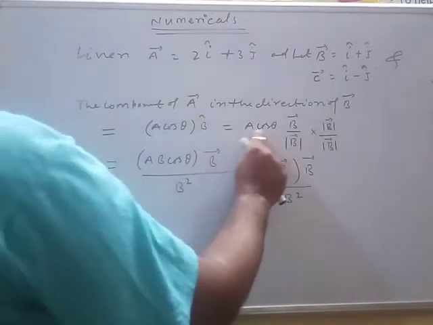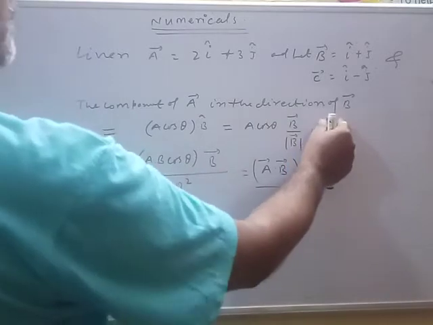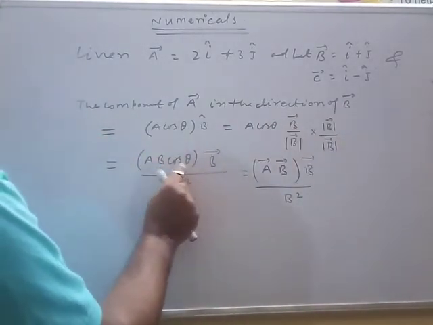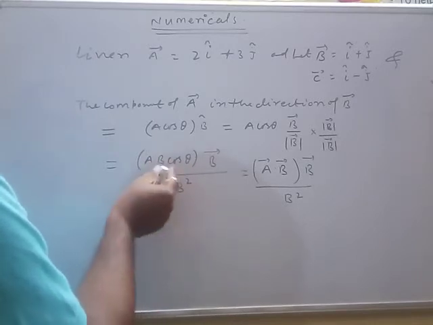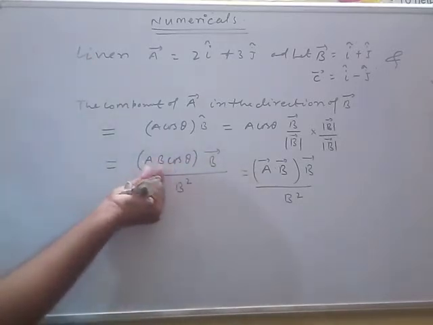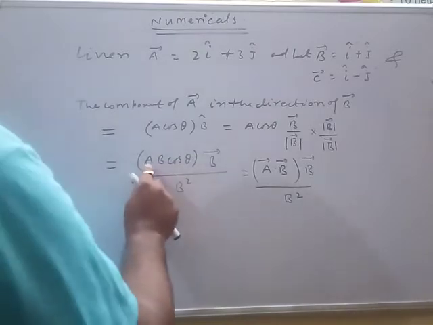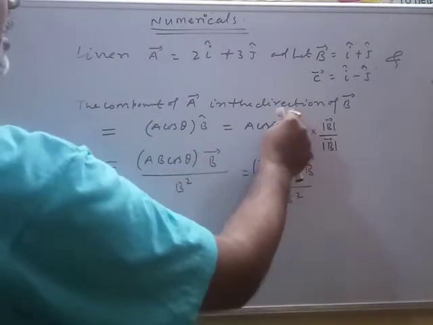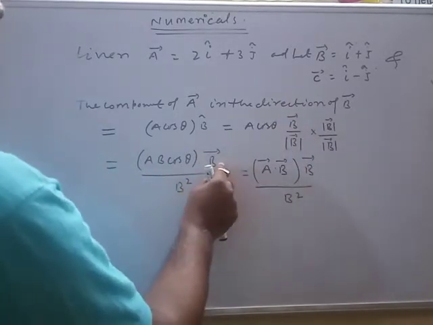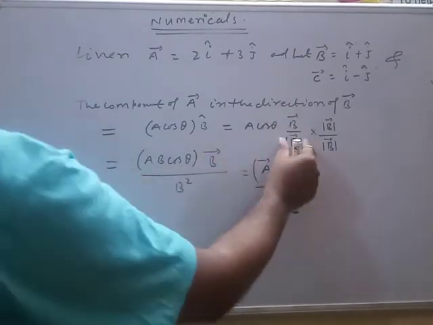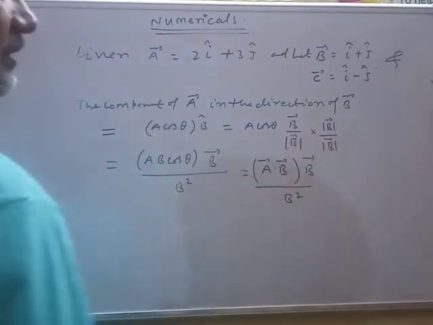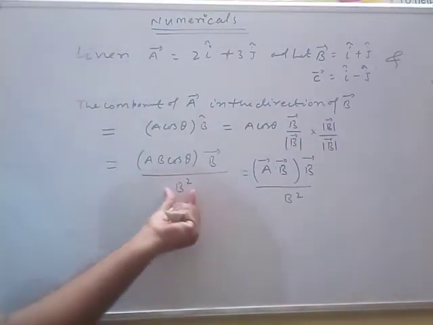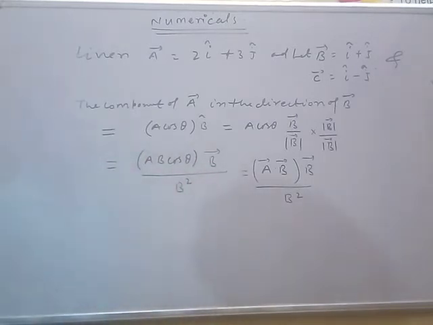Now this A cos theta into mod B is written here as AB cos theta. Mod A and mod B are also written as A and B, so AB into cos theta. The remaining term was vector B written outside the bracket, and mod B into mod B is mod B square, simply written as B square.